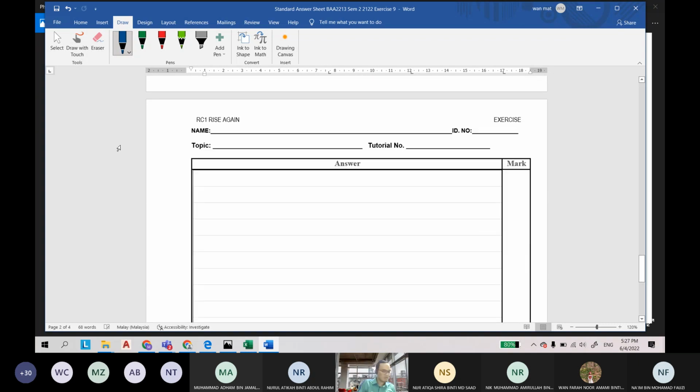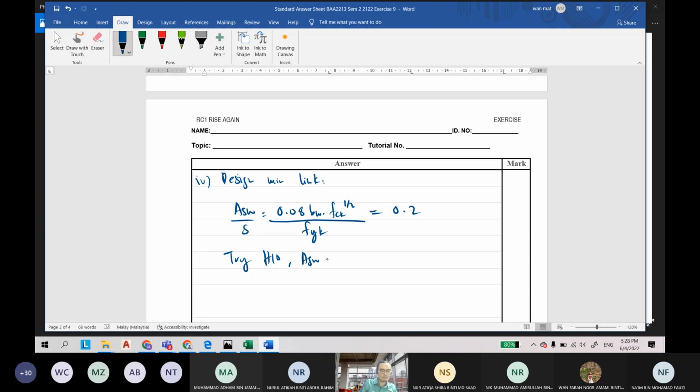As usual, step number 4 is we design the minimum length until we have to find the X. ASW over S is equal to 0.08 BW times root FCK, just like exercise number 8. So you enter the value equal to 0.2 here. So we can still try H10. ASW is equal to 157 mm square.